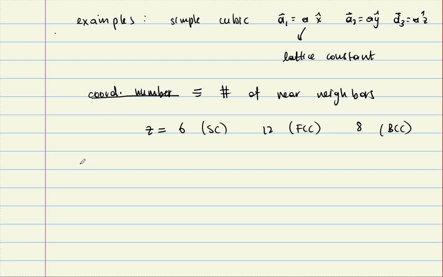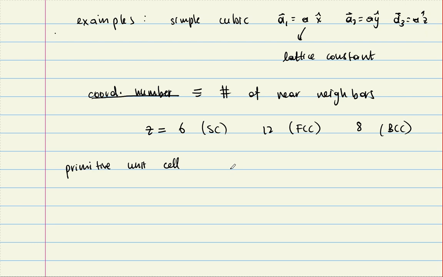Another concept is the so-called primitive unit cell. It is the cell that, when you translate it to all lattice points, spans the entire space, right? Typically the choice is not unique, but we don't care.